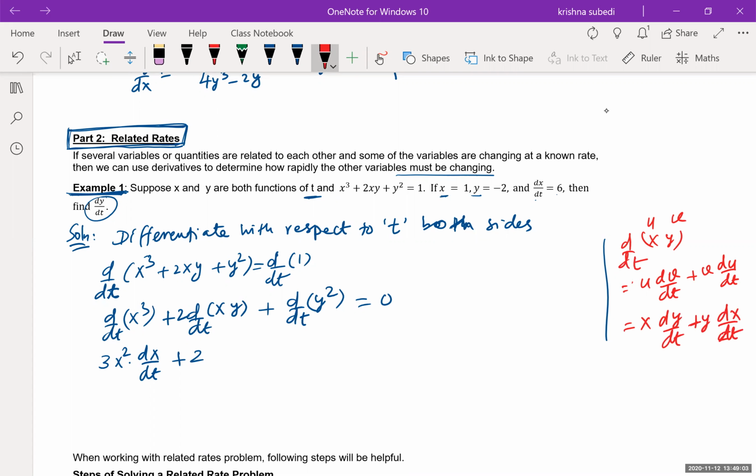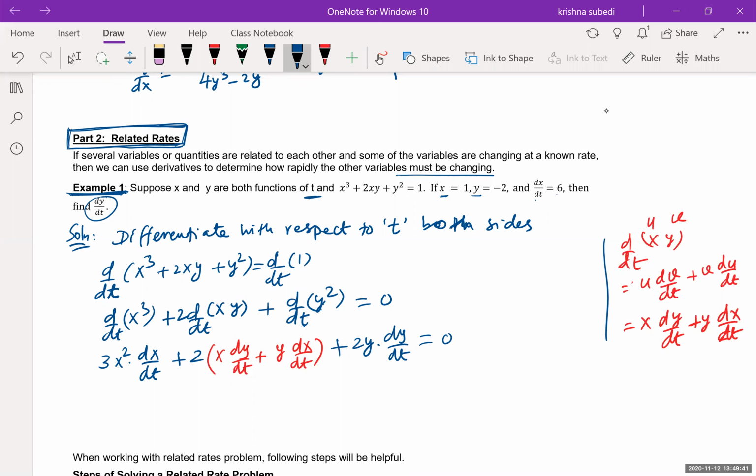So let me just copy that down: 2 times x dy over dt plus y dx over dt, and then plus the derivative of y squared with respect to t. Because they are different variables, we write 2y dy over dt. Whenever you have different variables, y and t, you use the power rule, but you must write one factor extra, equals 0.